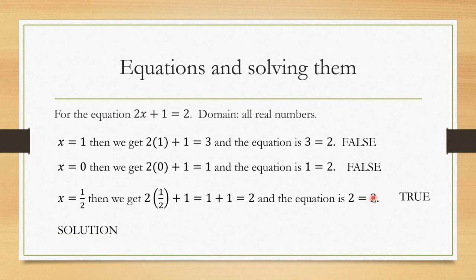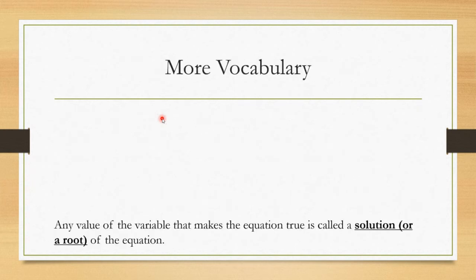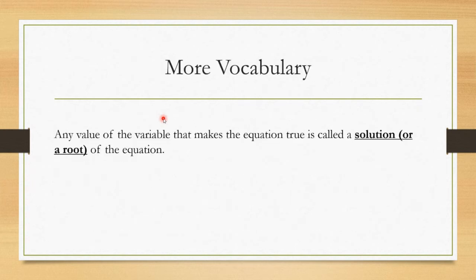So a solution is a number you can replace the variable with and get a true statement. Or more precisely, a solution to an equation is any value of the variable that makes the equation true when you plug the number in. That's what a solution is.